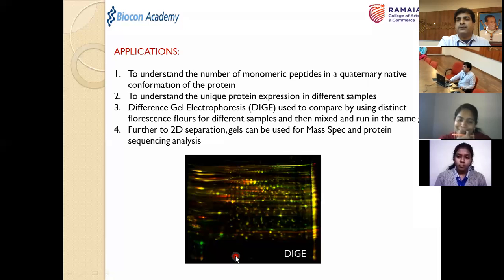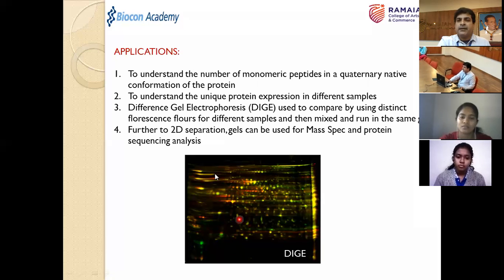Now, you are comparing your sample with the control. For one sample and one control, you use distinct fluorescent probes. So yellow color for your control, and for your sample you have used green color.